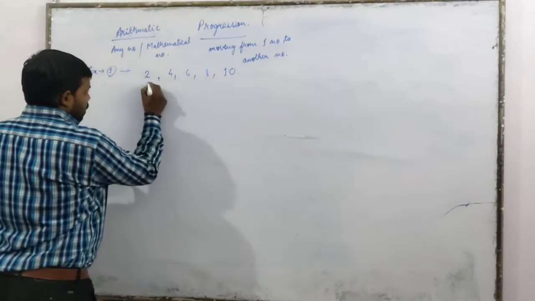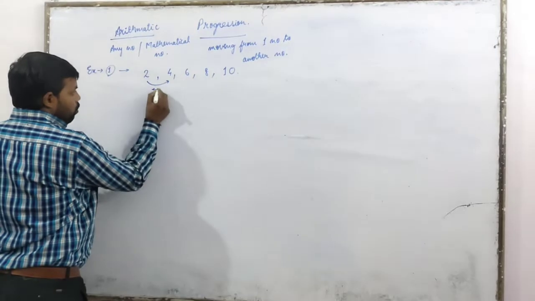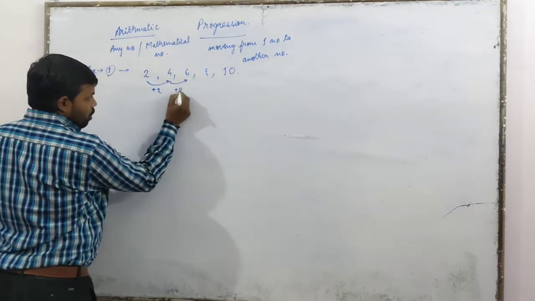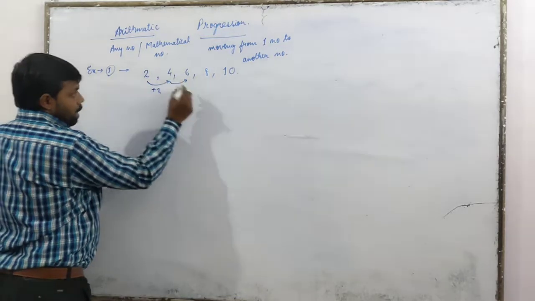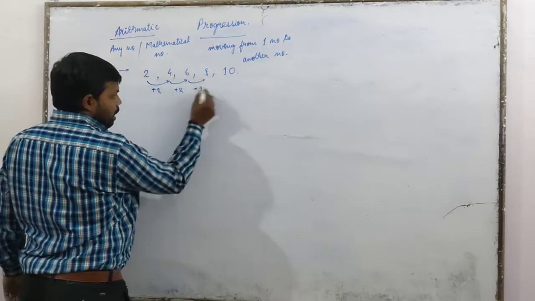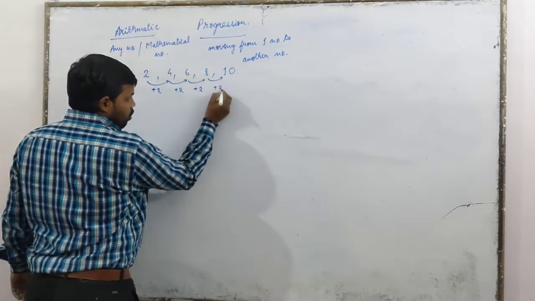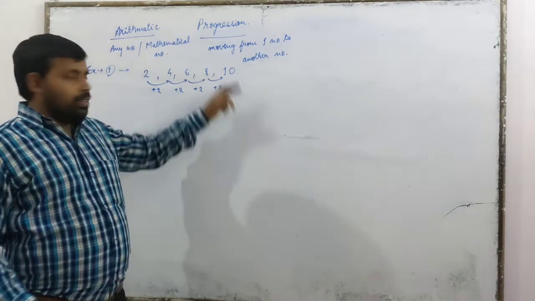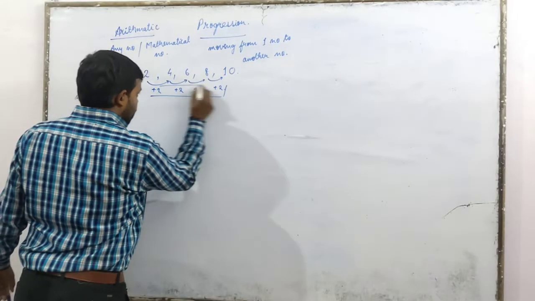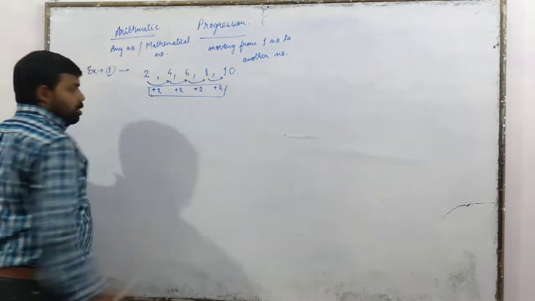When we add 2 to the first number, we are getting 4. When we add 2 again to the second number, we are getting the third number. We are again adding 2 to 6 to get 8, and adding 2 to 8 we are getting 10. So here you can see the difference between the numbers is constant.